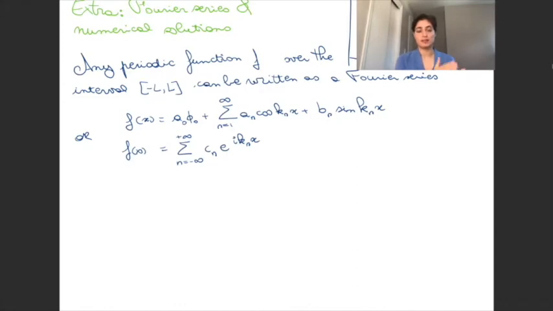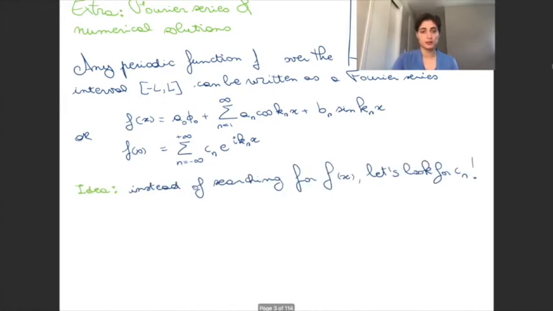But by that I mean A0, A1, A2, and so on, B1, B2, and so on, or C0, C plus 1, C minus 1, C plus 2, C minus 2, C plus 3, C minus 3, and so on. So we changed a problem that is continuous to a problem that is discrete, in the sense that it's just computed at some integer values.